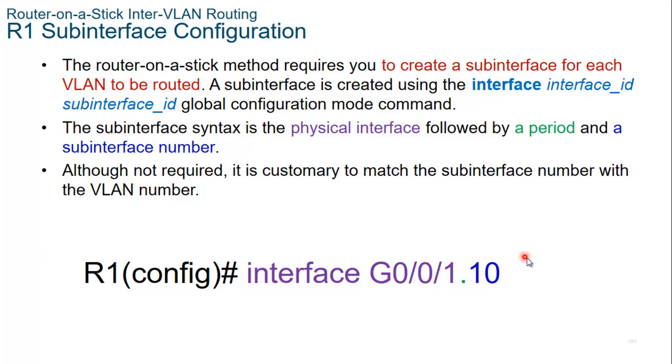As you can see here, I have color-coded the instruction. So this purple here is the physical interface, the green is the period, and the blue is the sub-interface number. Although not required, it is customary to match the sub-interface number to the VLAN number. This is for ease of identification when you are trying to troubleshoot. You know this sub-interface is for that particular VLAN.